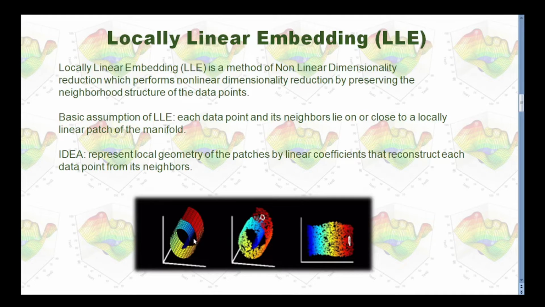Just like my example, it's like there is a Hudson River right here. If we want to reach this point from this point, we have to go through the neighbors little by little, and eventually we can reach this point. That's the basic idea of locally linear embedding.